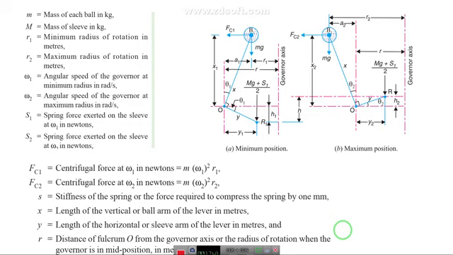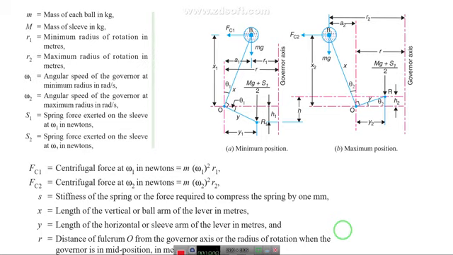Omega 1 is the minimum angular speed, in radians per second, and omega 2 is the maximum angular speed of the governor, also in radians per second. S1 is the spring force exerted on the sleeve at omega 1, in newtons, and S2 is the spring force exerted on the sleeve at omega 2, also in newtons.